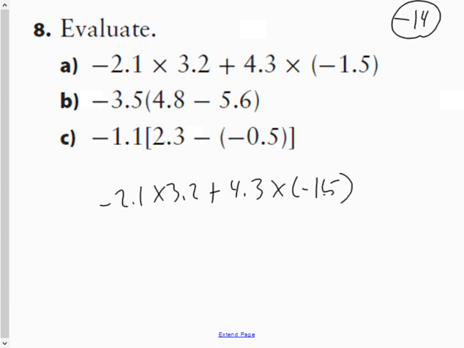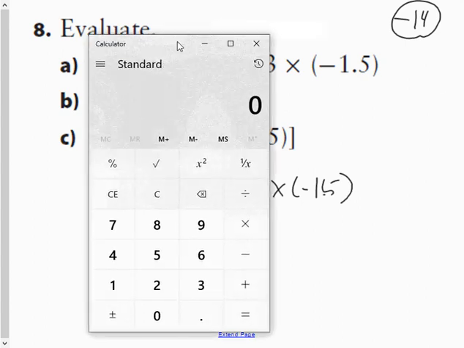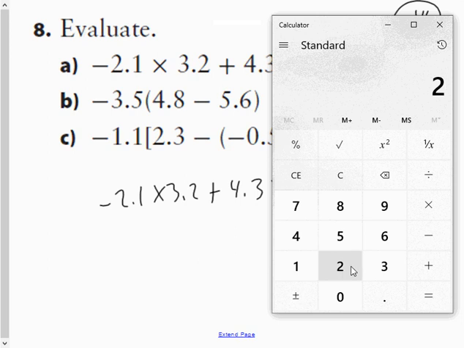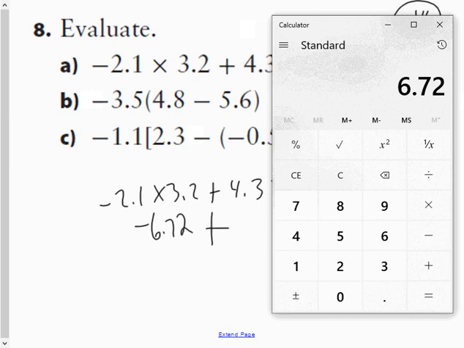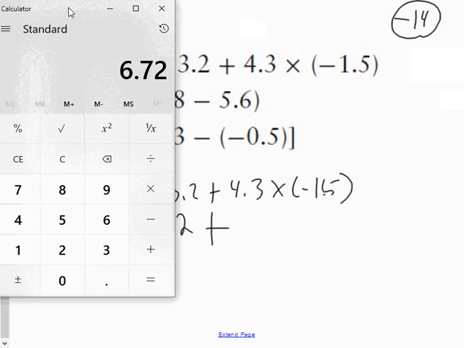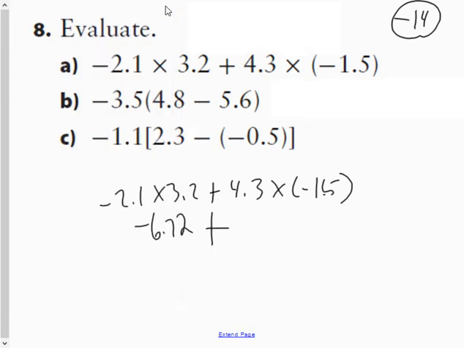Using a calculator, I'm going to go 2.1 times 3.2 is negative 6.72. Negative 6.72 plus, bring it over here now, 4.3 times 1.5 is negative 6.45.